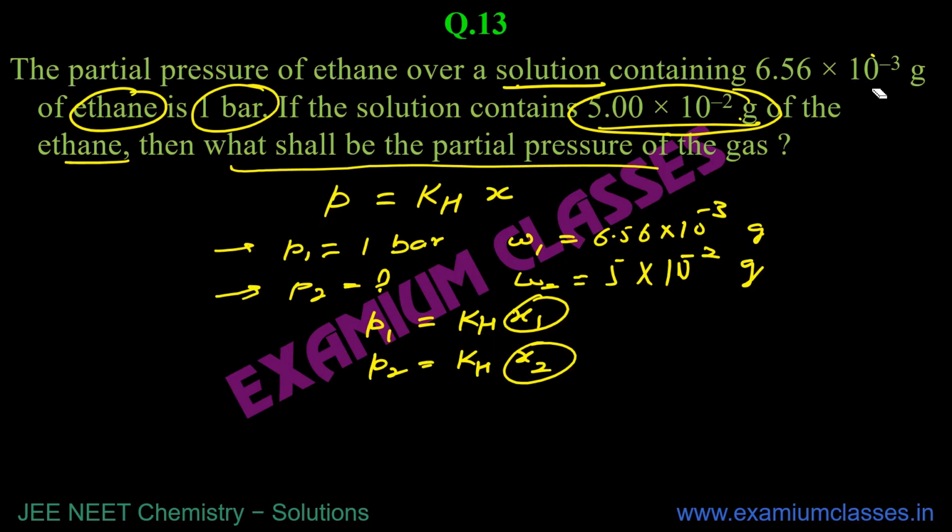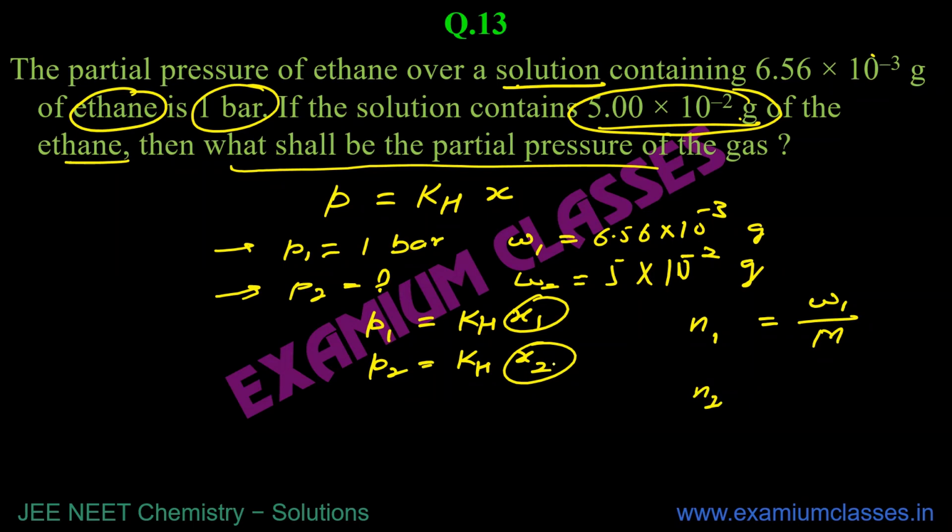So you can say the mole fraction X1 will be given by mass divided by molar mass. Okay, sorry, N1 will be given by mass and its molar mass. So you write M only, right? Don't write molar mass because it will get cancelled. Is this clear or not? The number of moles of ethane in the first case will be given by mass divided by its molar mass.